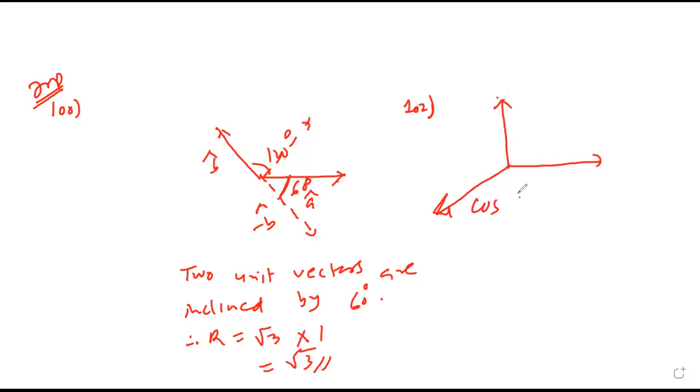That means cos alpha is the same as cos beta is the same as cos gamma. What is the cos alpha formula?